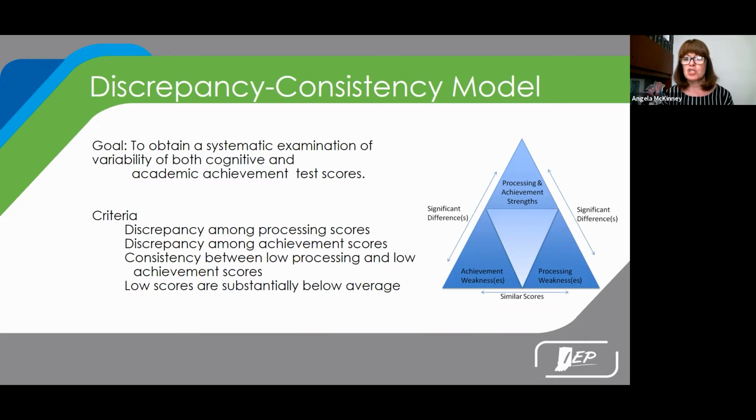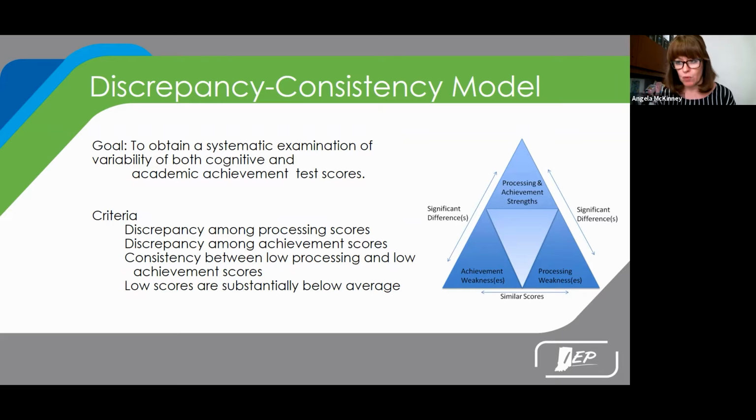So in order to show a pattern that would make sense as a pattern of strength and weakness, it's looking for some differences among your cognitive processing scores, some differences in your achievement scores, but some consistent scores between your low areas in academics and achievement, making sure that low really does mean low, right?